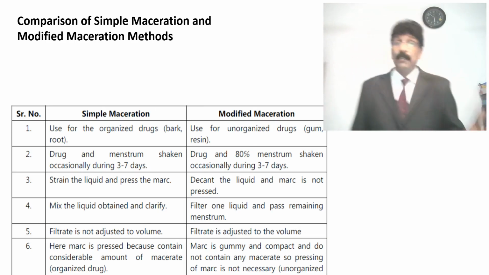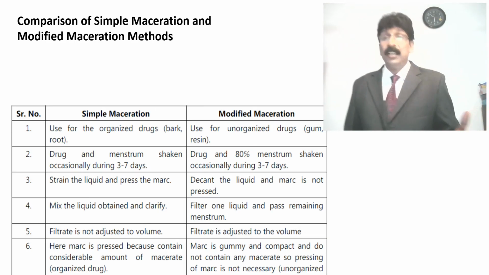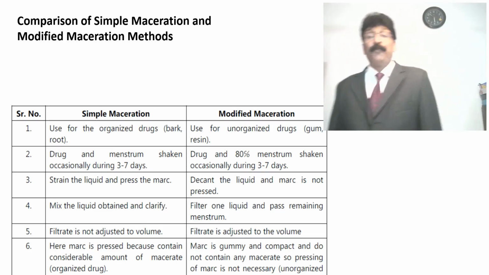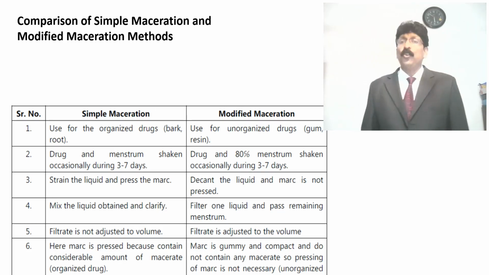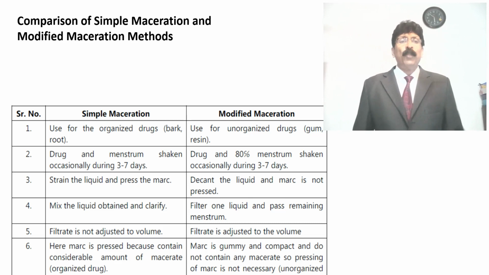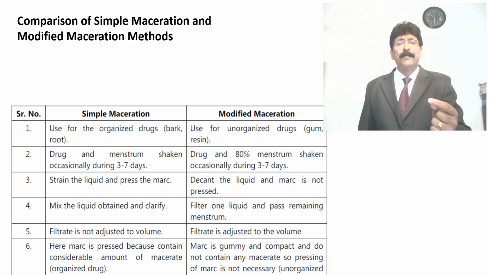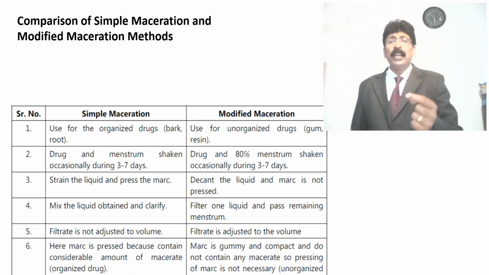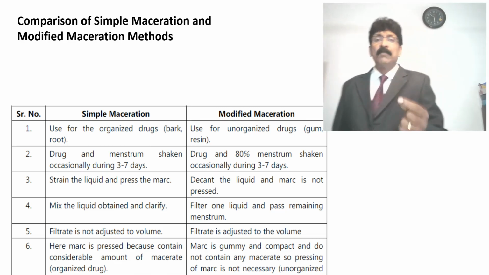Organized drug means we can go for simple maceration. Unorganized drug means modified maceration. You should know the definitions which you studied in the 4th semester. Organized drugs are bark, root, stem, like that. Unorganized drugs are exudates, like gums, resins.